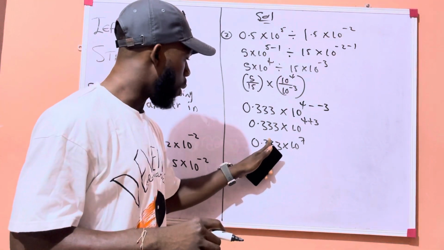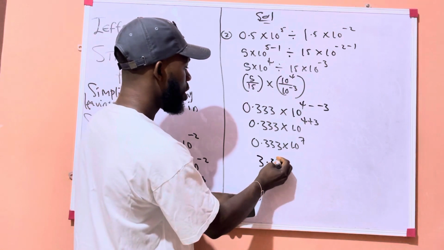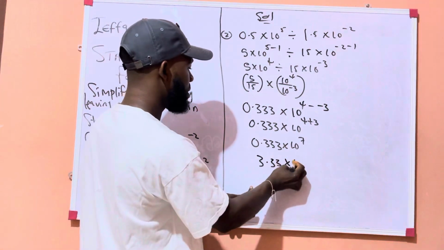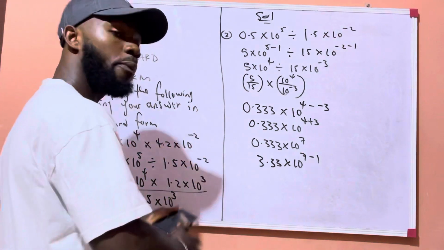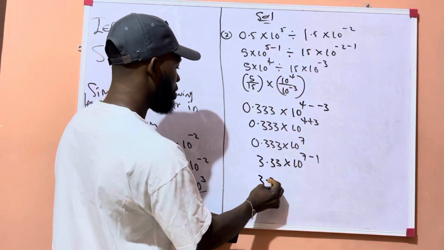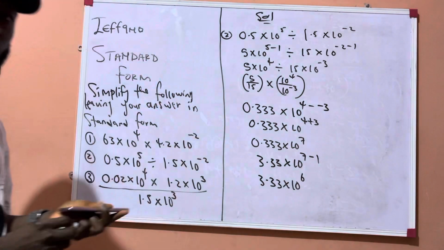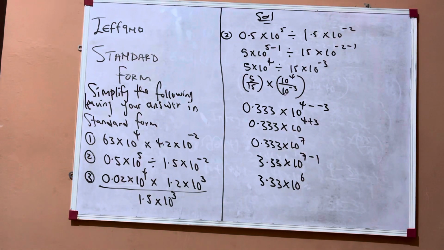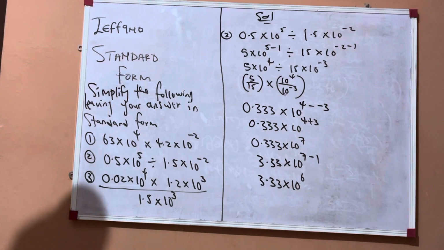Now when my point moves once to the right, it becomes 3.33 times 10 raised to the power of 7 minus 1. Now why did I minus 1? Because my point moved 1 time to the right. So the final answer becomes 3.33 times 10 raised to the power of 6. That is simply the answer to question number 2.